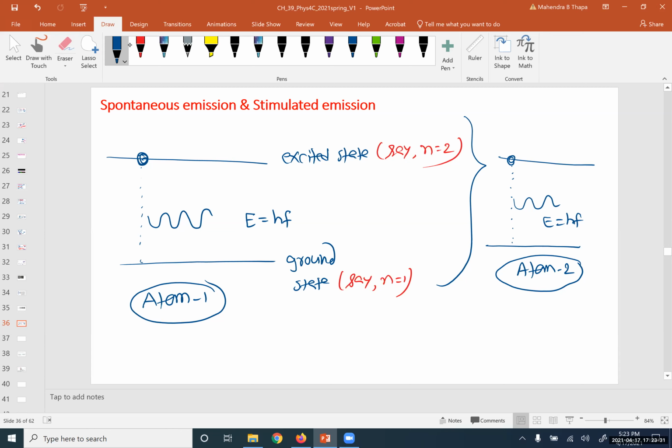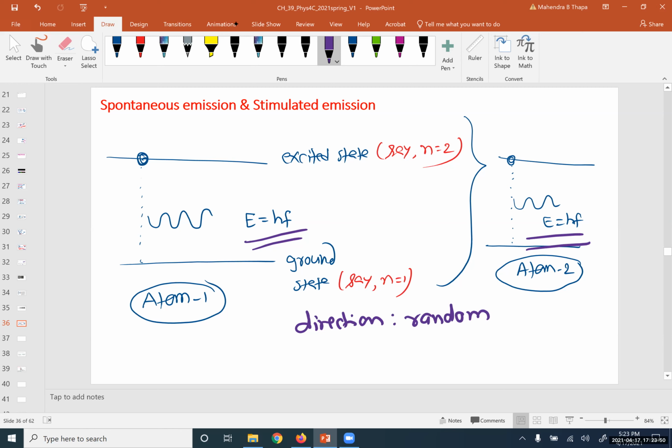But what is the difference between this photon and this photon? Their directions of emission are random, not coherent.